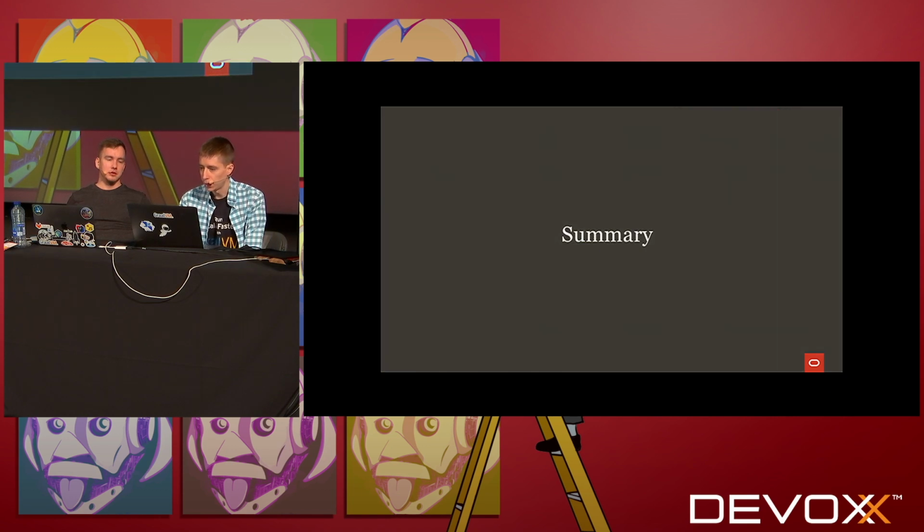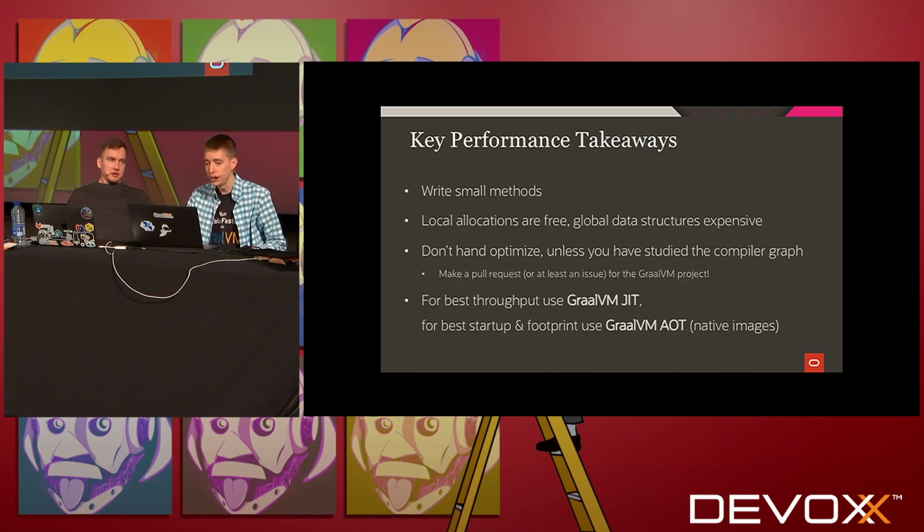All right, cool. Let's go to the summary, because we have 15 minutes left. Key performance takeaways. We haven't talked so much about practical tips, but in this scenario, I want one practical tip that you should take home with you.